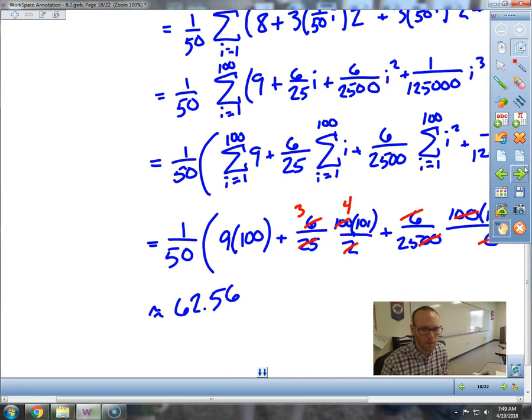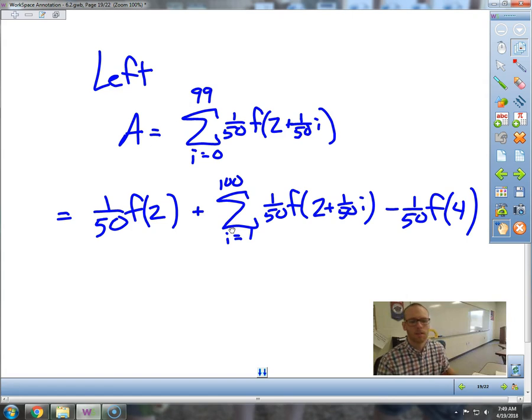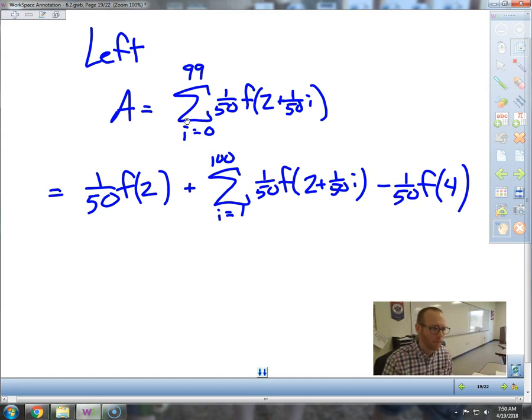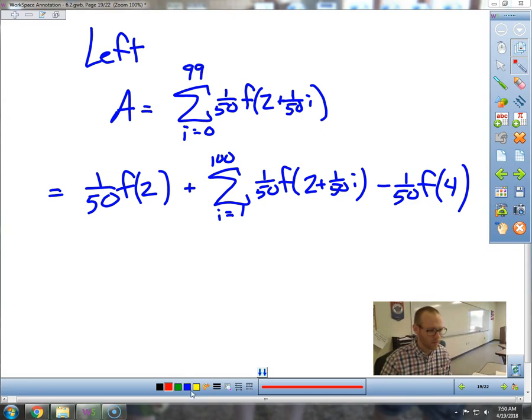Okay. Now, to finish this up, we did start to set up that left side yesterday, where we got to have the sum from 0 to 99. So we talked about, well, we know from 1 to 100 we have to add on that first one when i equals 0, and we have to subtract off that last one when i equals 100. So we've got 1/50th times f of 2.